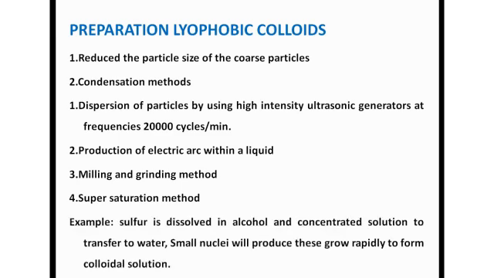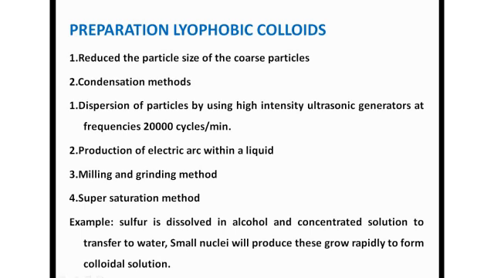In the fourth method, supersaturation method. Example of supersaturation: sulfur is dissolved in alcohol. Let's take some sulfur and dissolve it in alcohol, making a concentrated solution. This sulfur and alcohol solution will now be transferred to water. When you transfer the concentrated solution to water, small nuclei will be produced, which will grow in size rapidly to form the colloidal solution.